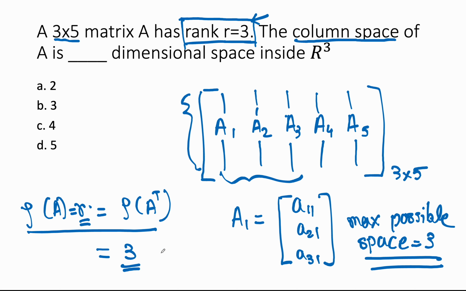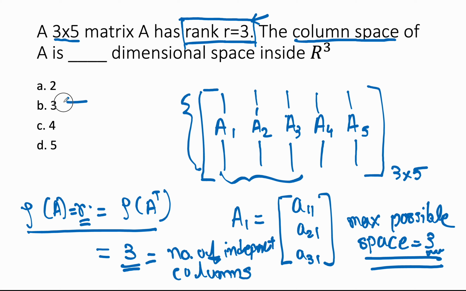So it means that the number of independent columns is 3, and these 3 independent vectors can span the 3-dimensional space, because the maximum possible dimension is also 3, which agrees, and that's why the column space of A is 3-dimensional. So this 3 is the correct answer. I hope this question is clear.